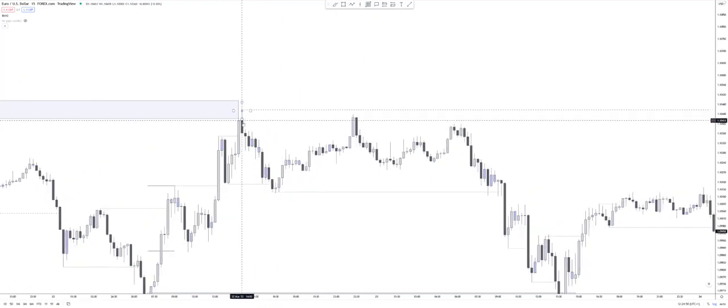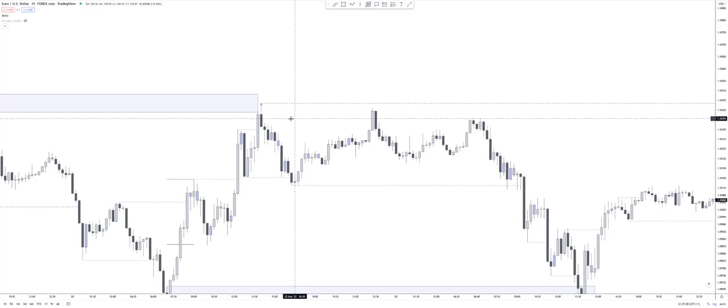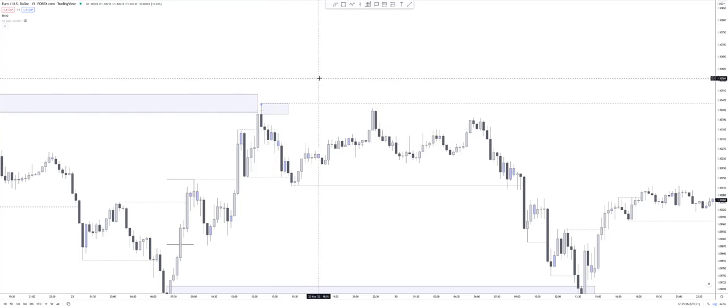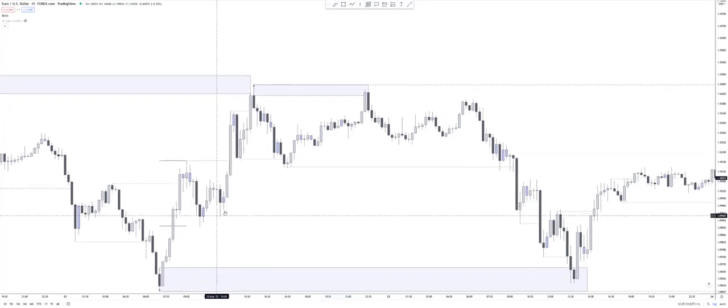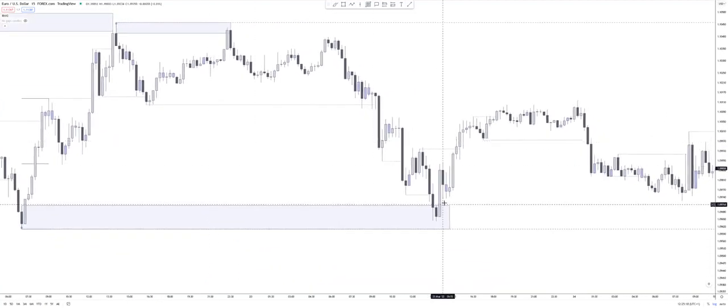the top of a move, but a wick is representative of a buy, so that is absolutely valid as a supply zone there, the same way as a wick such as this down here, or this little wick down here would be valid.